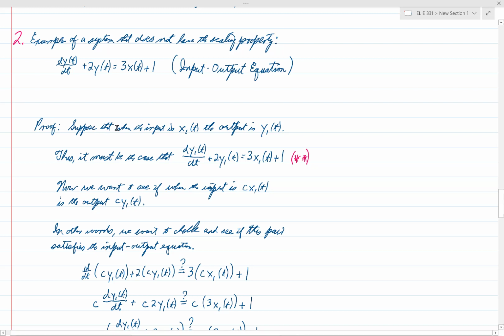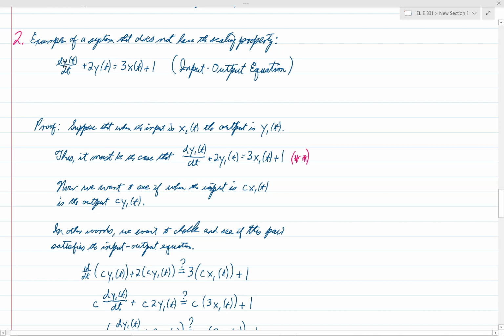Okay, so again, we suppose that when the input is x1 of t, the output is y1 of t. So you should just think of this again, just as we did before, that x1, y1 is an arbitrary input-output pair. Now if that is a true input-output pair, then it must satisfy the equation.